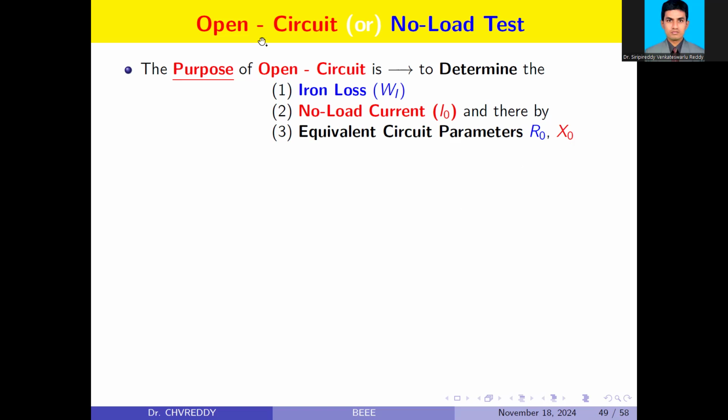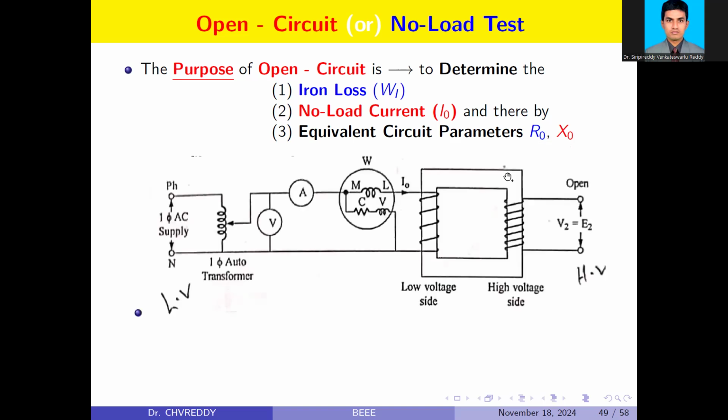When we talk only about the open circuit test, its purpose is to determine the iron loss WI, the no load current I0, and the equivalent circuit parameters, which are nothing but R0 and X0.